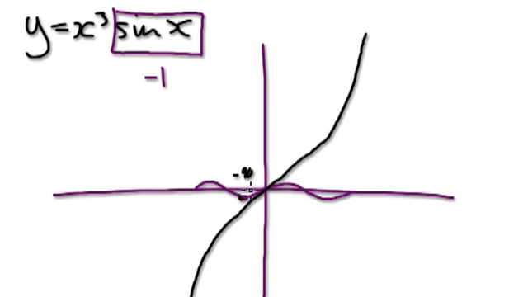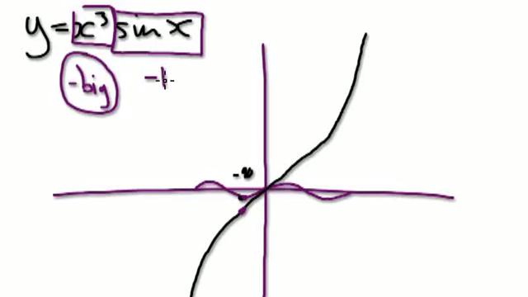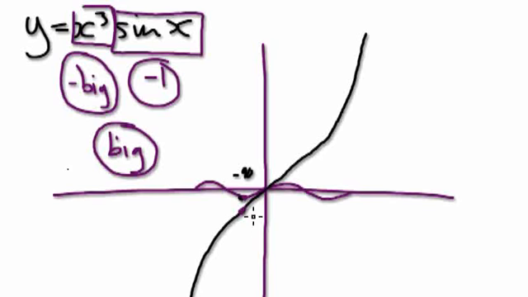And x to the power of 3 will be a negative big number. So negative big times negative 1 would be a positive big.